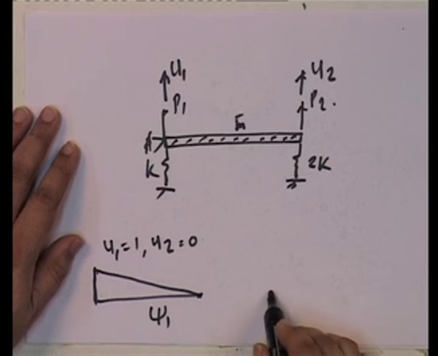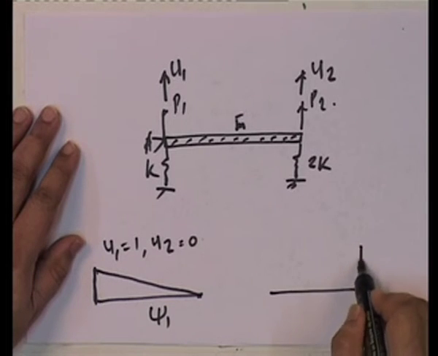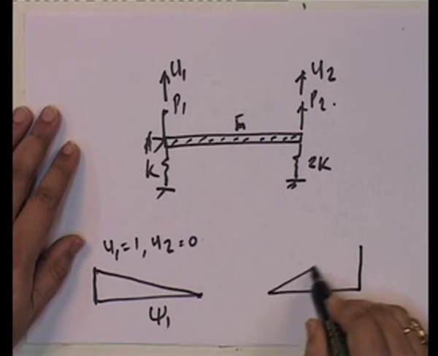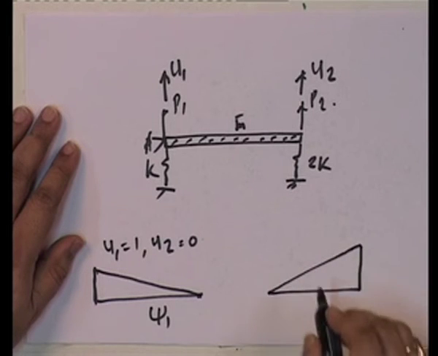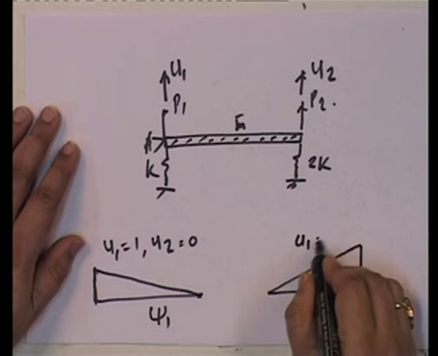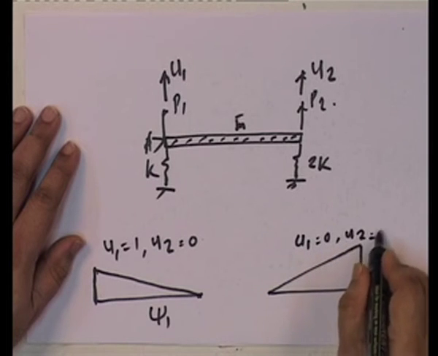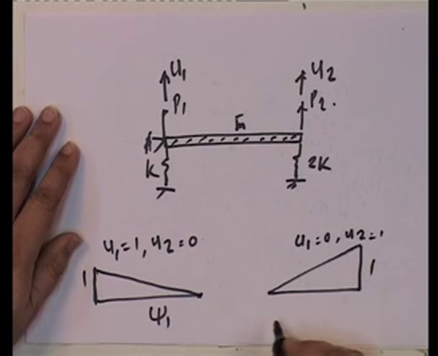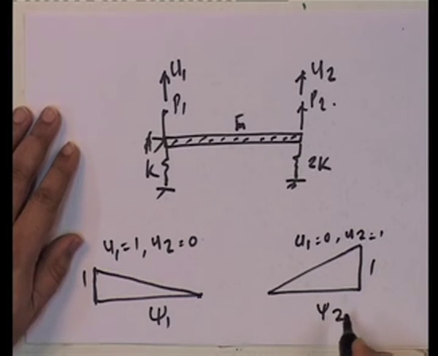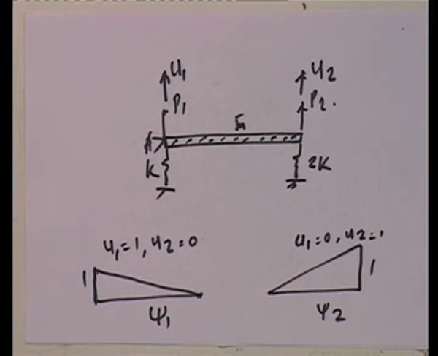And when I put u1 equal to 0 and u2 equal to 1, this is my xi2. You see, as soon as I have defined my degrees of freedom very differently, my xi1 and xi2 become very, very different.